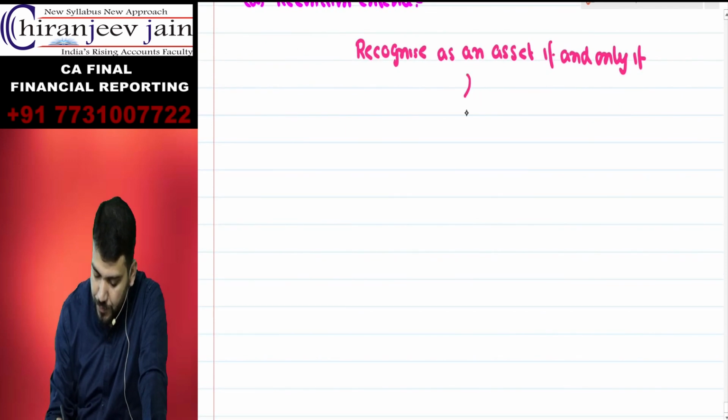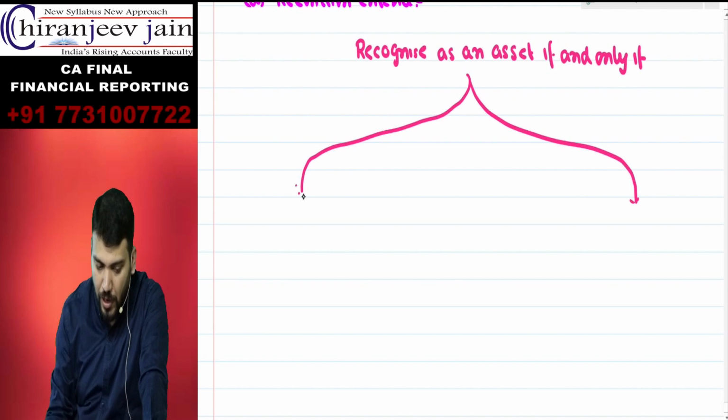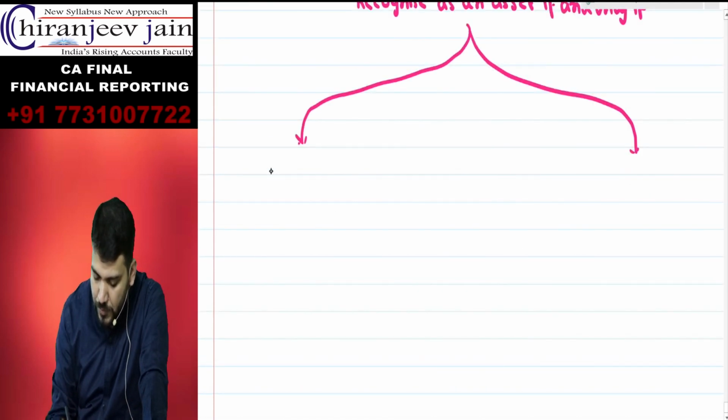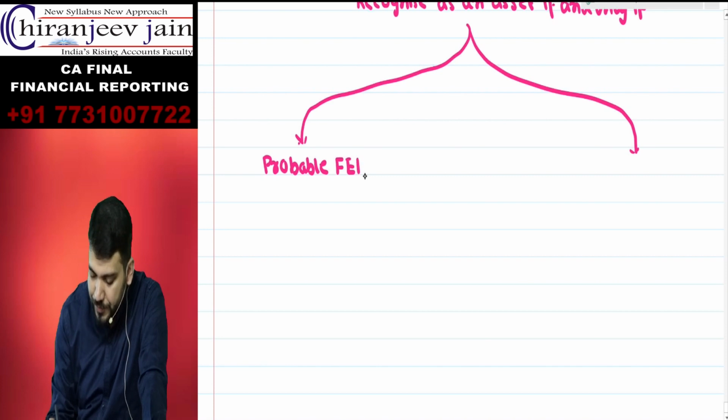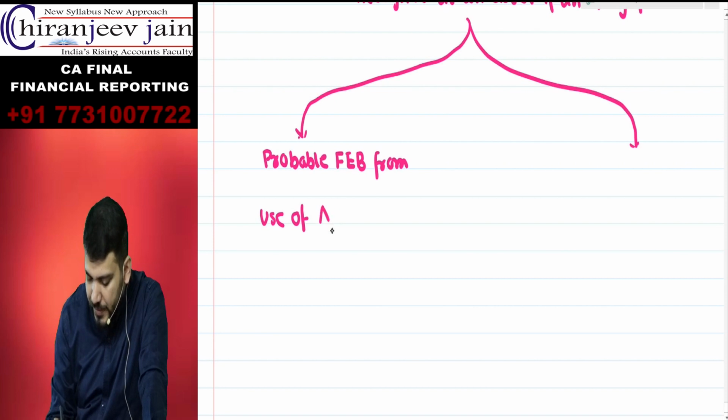What are the two conditions? First is what? Probable future economic benefit from use of asset. Second is what?